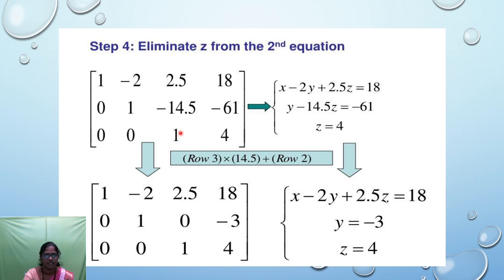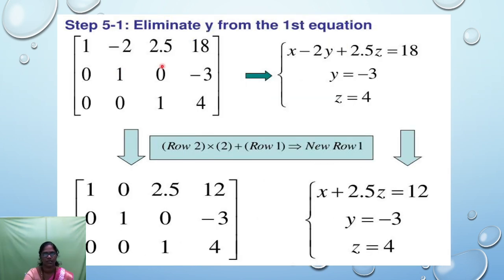Again, we use the second row to change this to 0. Okay. So these two elements, we already used the third row to change this to 0, this to 0. Okay. Now finally we use the last row to convert this to 0. Okay. Check here. Here we are converting this to 0.